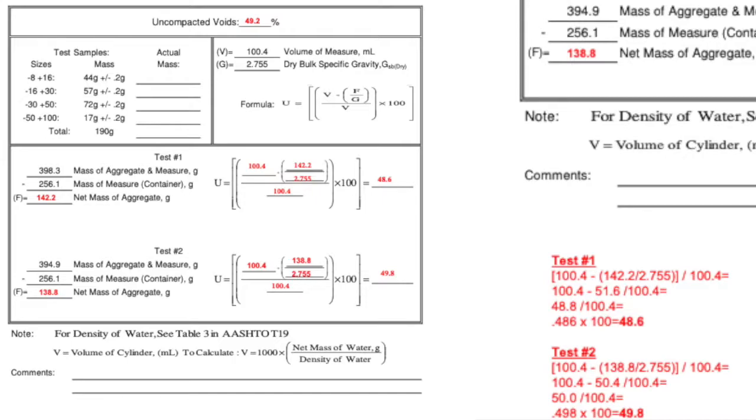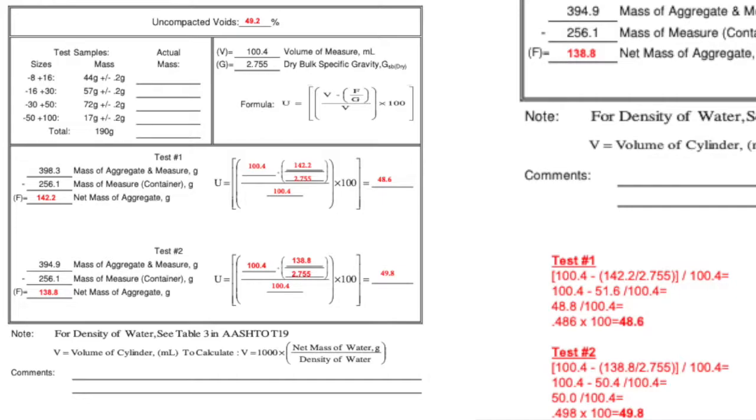We're going to divide that by G, which is our GSB, a 2.755, which will yield us a 51.6. 100.4 minus 51.6 yields us a 48.8, divided into 100.4 times 100 gives us an answer of 48.6.